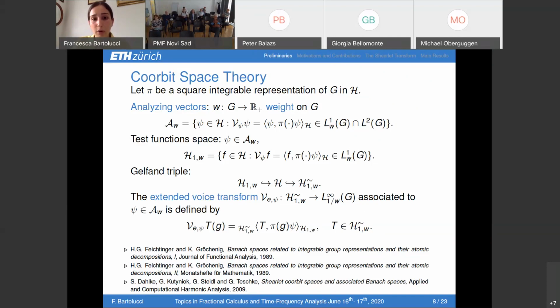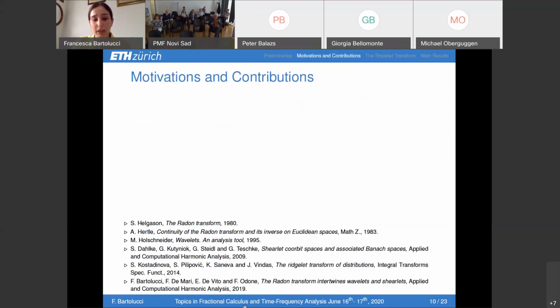So in our work, we want to develop a distributional framework for the shearlet transform using the first of the two approaches, so the approach given by Schwartz. Our work is motivated by the fact that, studying at the same time the shearlet transform, the wavelet transform, and the Radon transform, we realized that while the Radon and the wavelet transform have been widely and deeply studied and developed also in the distributional case, this was not true for the shearlet transform.